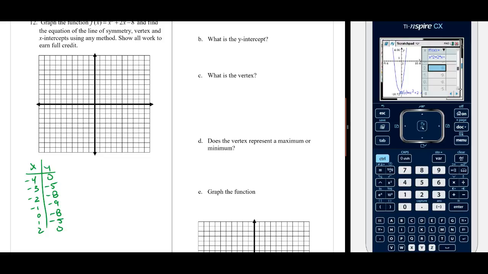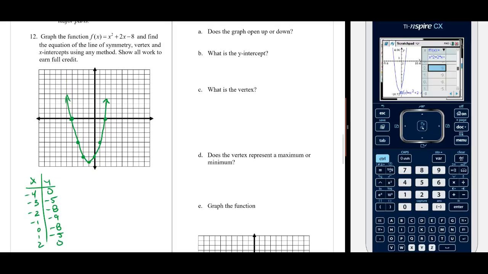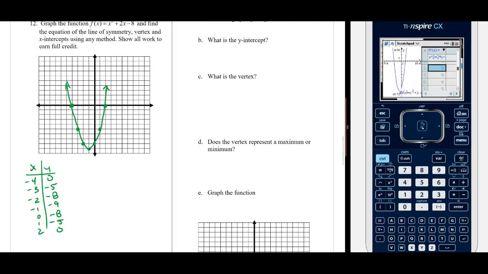So we'll plot some points. (-4, 0), (-3, -5), (-2, -8), (-1, -9), and we get that. There's my graph. Find the equation of the line of symmetry.